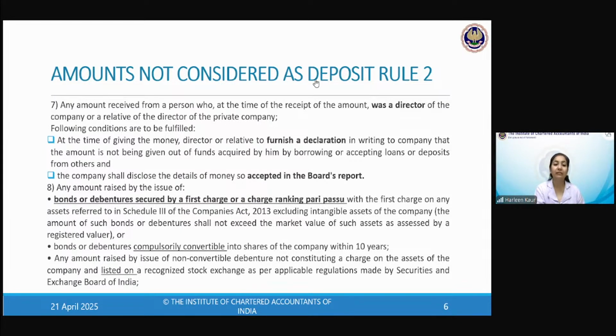They will assess how much depreciation in the asset has happened, and whatever valuation they decide has to be considered. And if the debentures exceed the security amount, then it is not falling under this criteria, and it will be treated as deposits. Clear? Everyone is now clear on the 8th point.